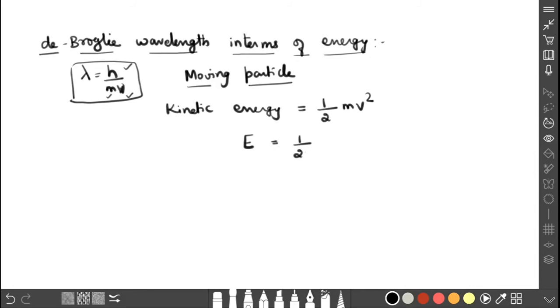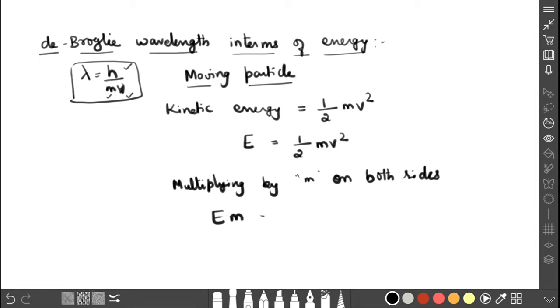So the next step, I am going to multiply by m, that is the mass of the particle, on both sides. So what will happen now? Here E into m, and then half, here again one more m is multiplied. So m into m becomes m square v square, half m square v square.